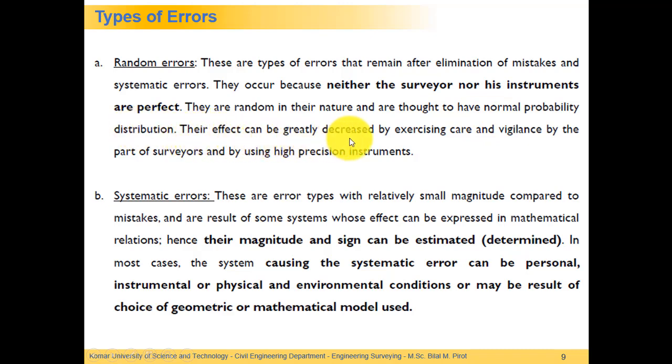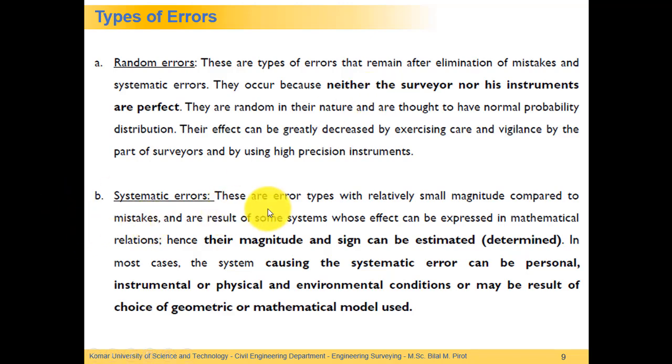The effect can be greatly decreased by exercising care and vigilance on the part of the surveyors and by using high precision instruments. So those types of errors cannot be minimized by calculation or by taking mathematical corrections, because if you, for example, read something in a wrong way, you cannot take corrections.